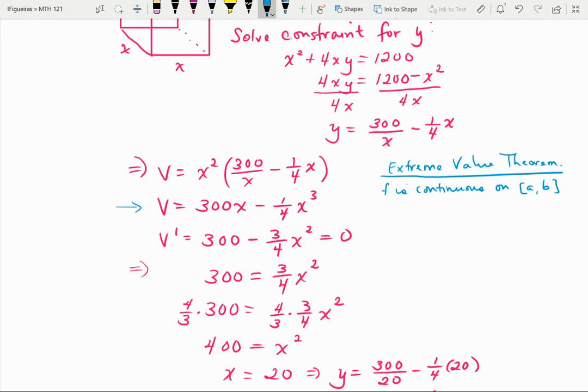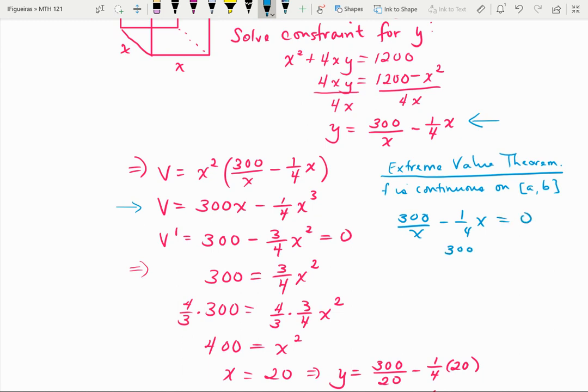And in order to determine the maximum value, I'm going to take this equation here and set it equal to 0 in order to see what my possible boundary value would be there. So I have 300 over x minus 1/4 x equals 0.